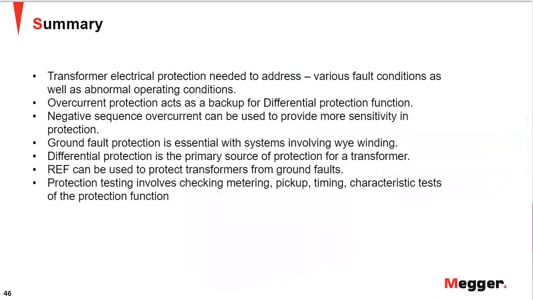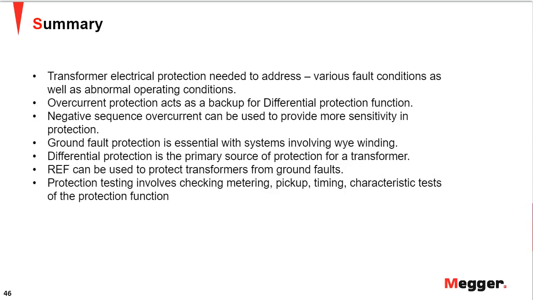So I'd like to conclude my presentation with this summary slide. What we've learned so far today is the transformer electrical protection that needs to be addressed from, obviously, the fault conditions. We have to take care of those, and then different abnormal operating conditions that we discussed today. That's why we need protection on a transformer.